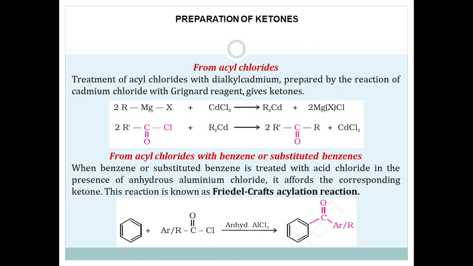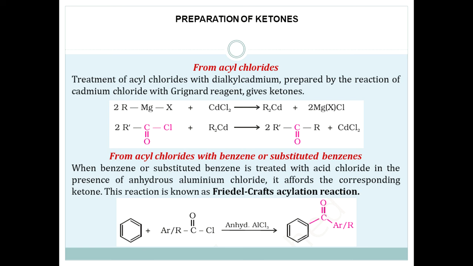Next, preparation of ketones from acyl chlorides and from nitriles. First, preparation of ketones from acyl chloride. Since an organocadmium compound does not react further with ketone to form alcohols, we prepare the dialkyl cadmium, or organocadmium, by the reaction of cadmium chloride with Grignard reagent.